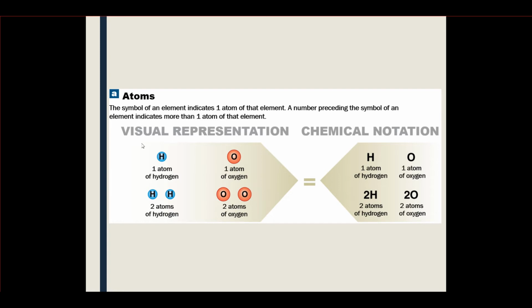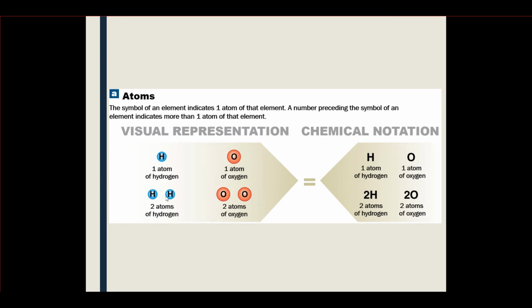Let's say, for instance, we have just one single hydrogen atom. This is the visual representation, and we would just write it as an H. We don't have to put one H, H1. Just an H by itself. We know that H is the chemical symbol for hydrogen. Just H by itself tells us it's one. But let's say we have two hydrogen atoms. Notice they're not bonded together.